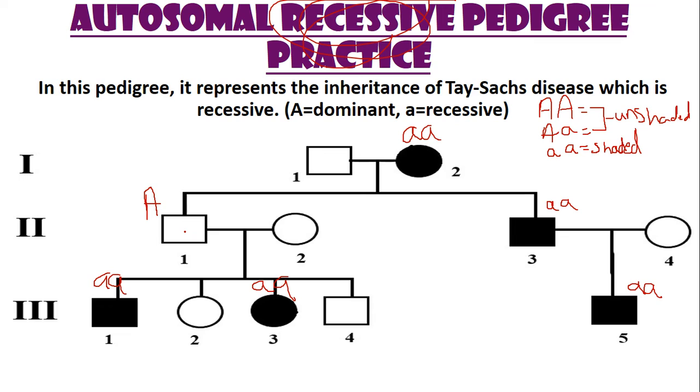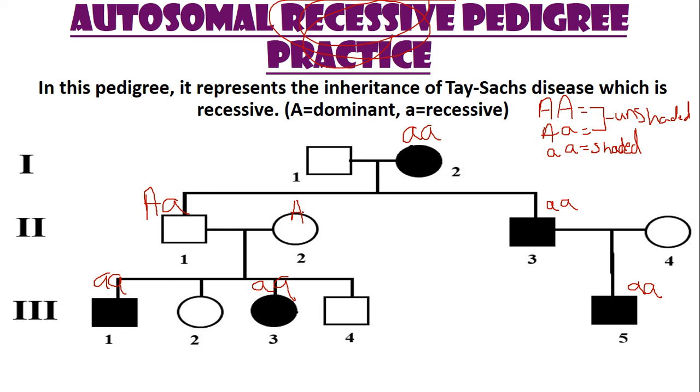For it to be big A, big A, we most likely need to see if every one of its children are unaffected. But if you look, it has children that are affected. That means this has to be able to give a lowercase a. Same thing happens for generation 2, number 2.